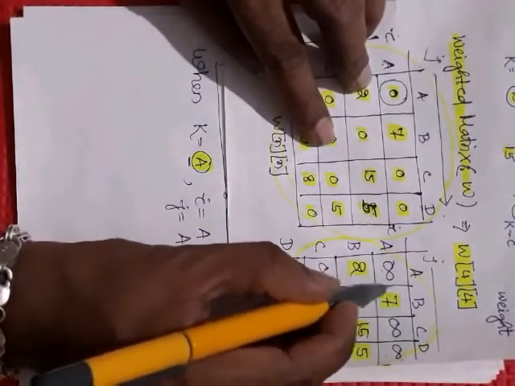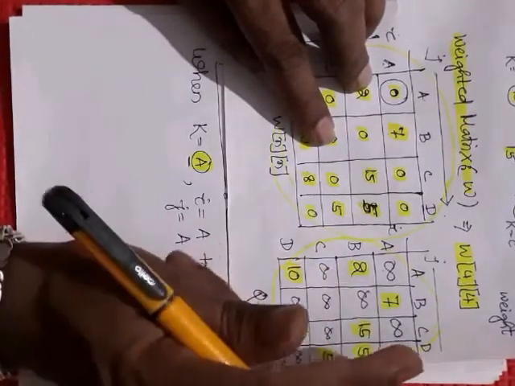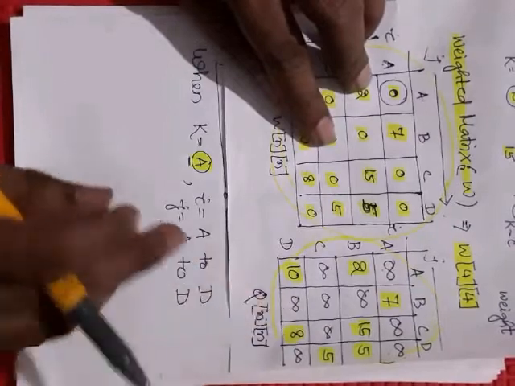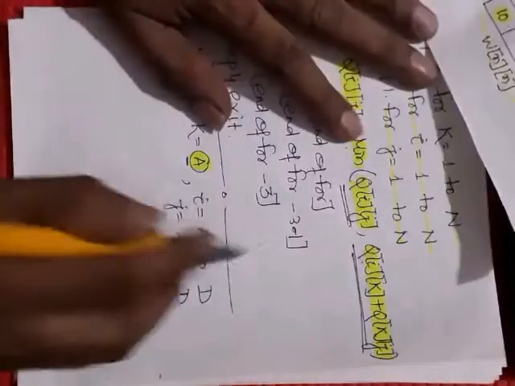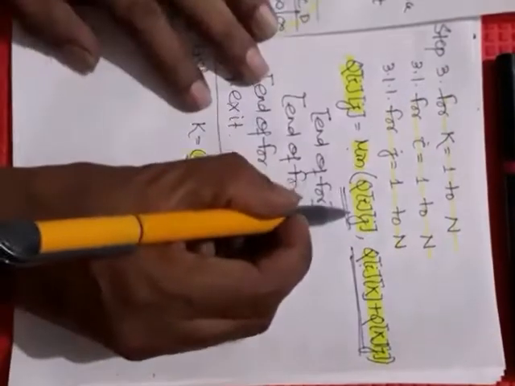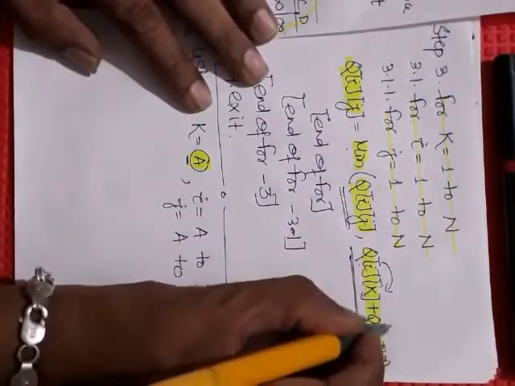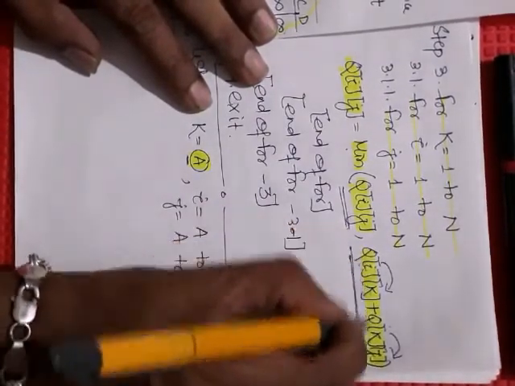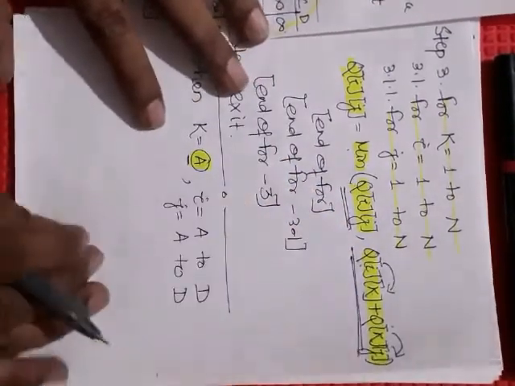Of the existing distance and the new distance using intermediate vertex a, the smaller value will be updated. So that is the meaning of it: Q of ij existing value, and Q of ik plus Q of kj. Using intermediate vertex k, what is the new value? Out of this, whichever is smaller will be updated.